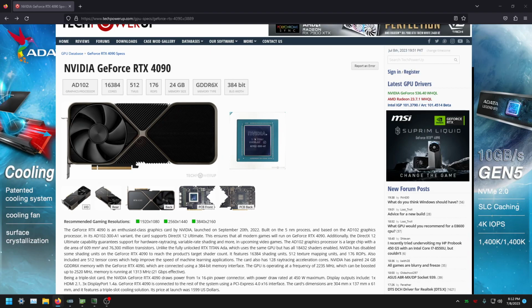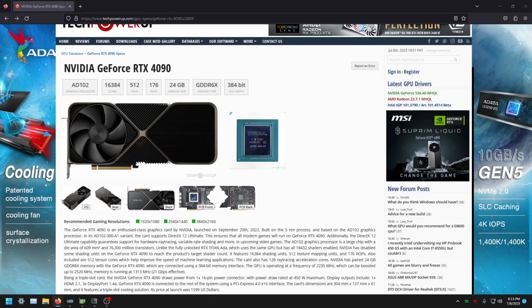So the most common problem is, number one, overheating. Overheating is a pain. It could be due to bad ventilation in the case, or due to thermal paste and thermal pads.